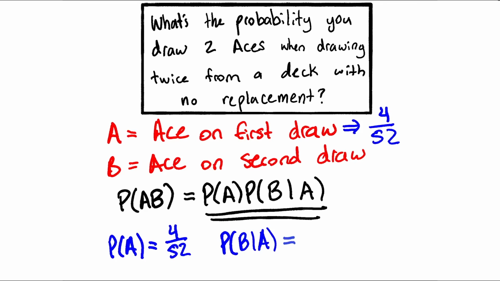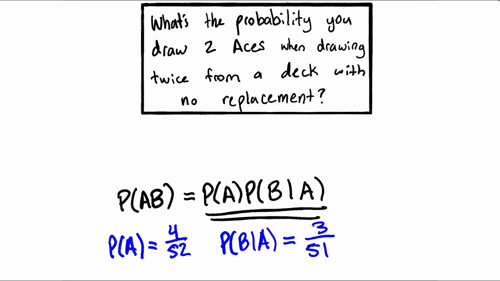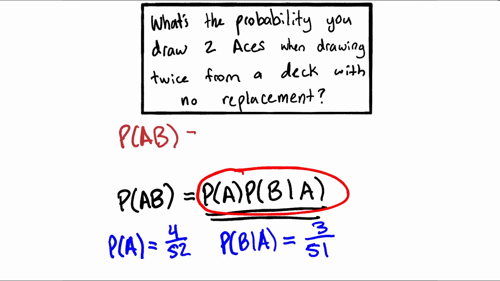Well, there are only 3 aces left in the deck after we drew the first one, and there's only 51 options left because we already drew one of the cards. So the probability of B given A is 3 divided by 51. So now plugging in what we know in this equation, we get the probability of A and B equals 4 divided by 52 times 3 divided by 51, and that will be our solution.